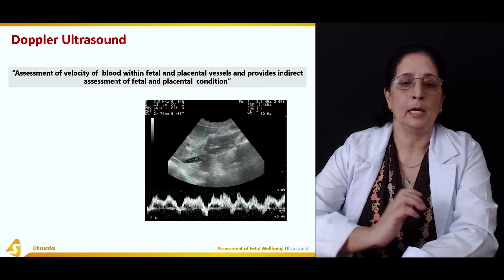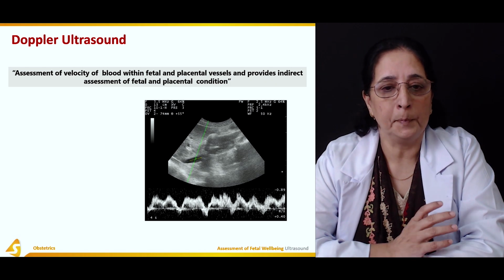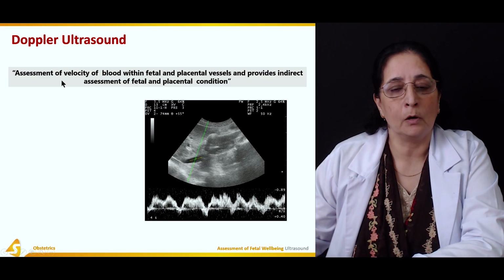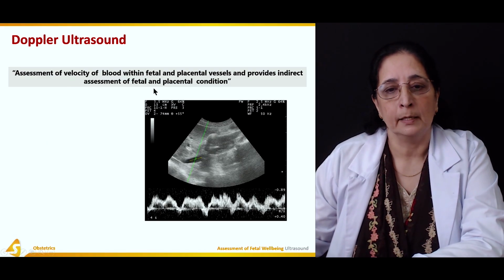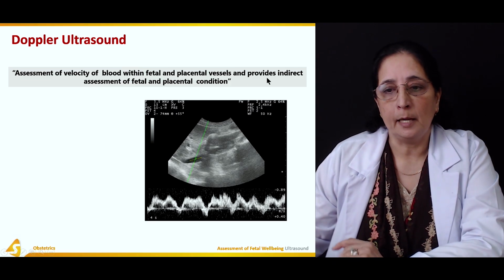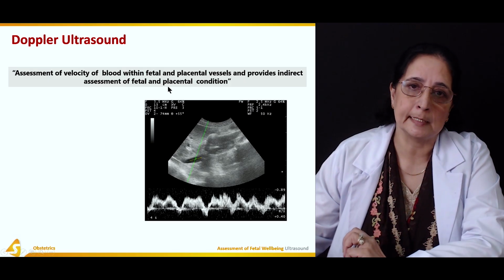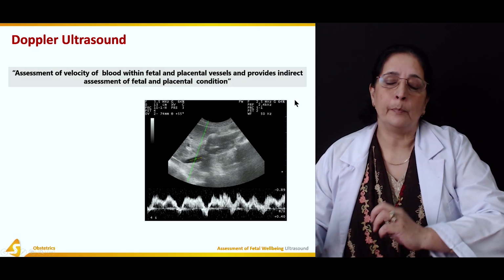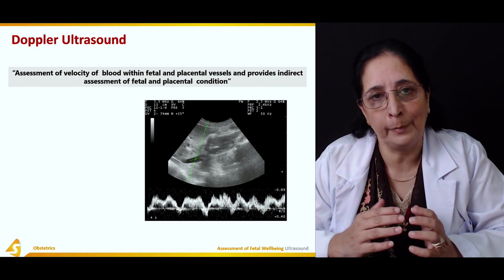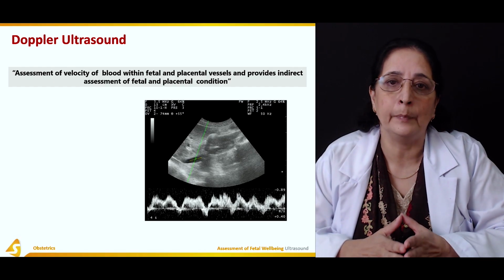Then the other type of ultrasound is Doppler ultrasound. Doppler ultrasounds are performed for the assessment of velocity of blood within fetal and placental vessels and provide indirect assessment of fetal and placental condition. So Doppler ultrasounds are for the examination of blood flow in the blood vessels, fetal or placental.